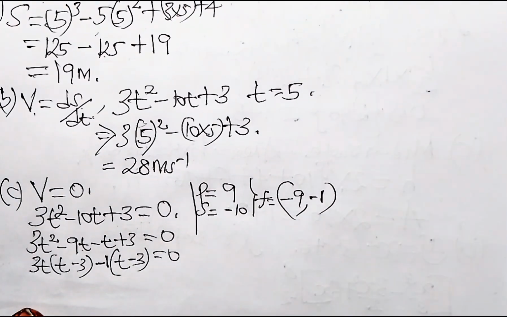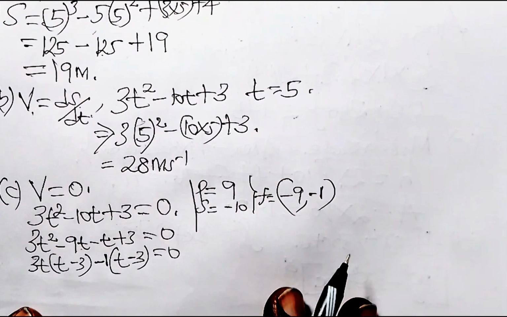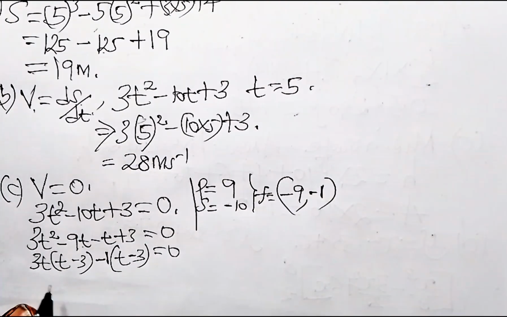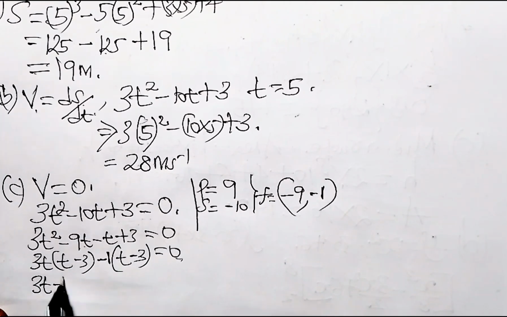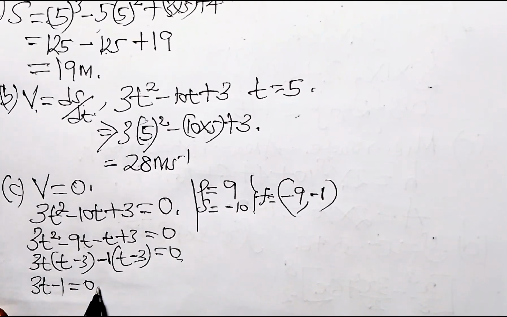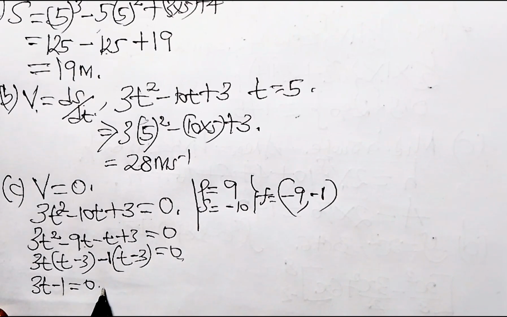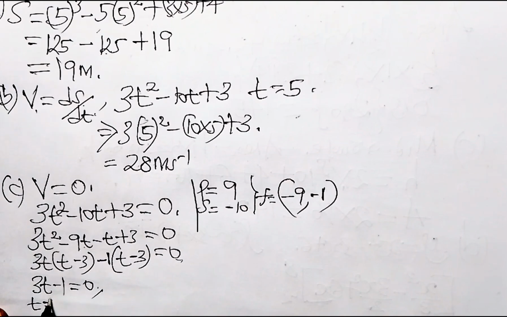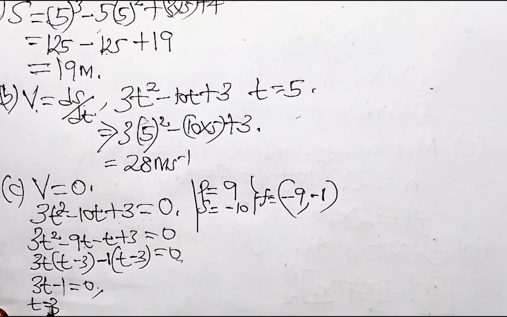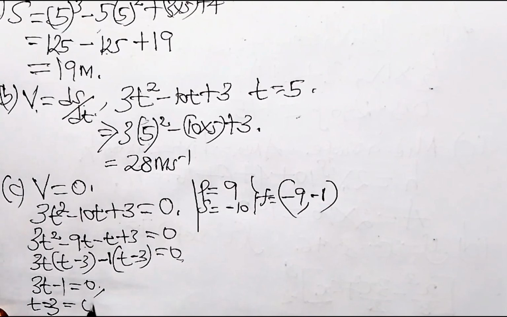Now, at that particular point, we have two expressions. We now have 3t minus 1 equals 0, and t minus 3 equals 0.